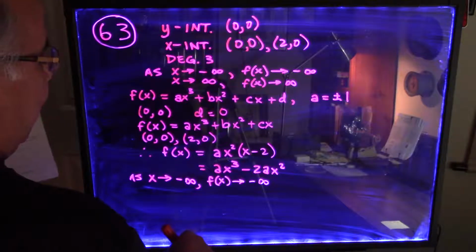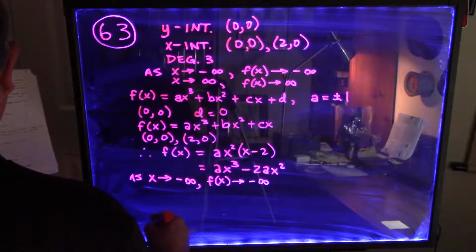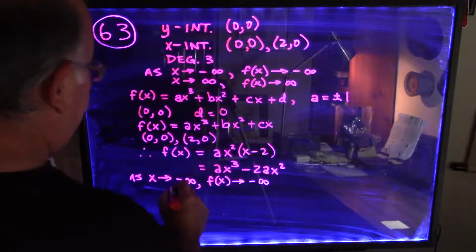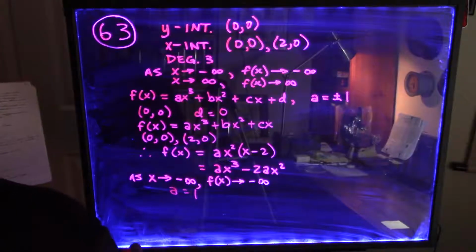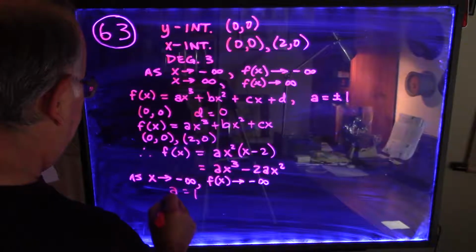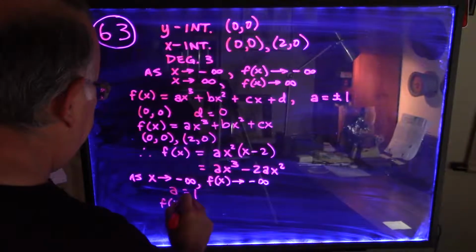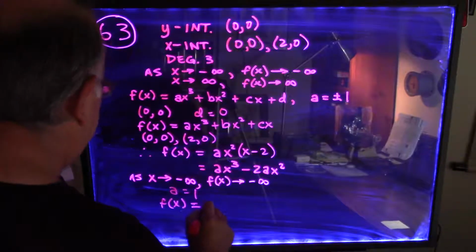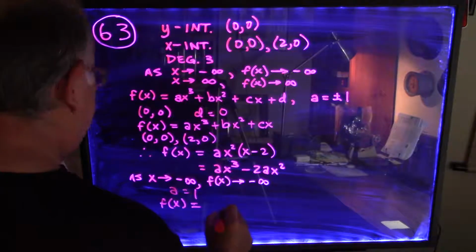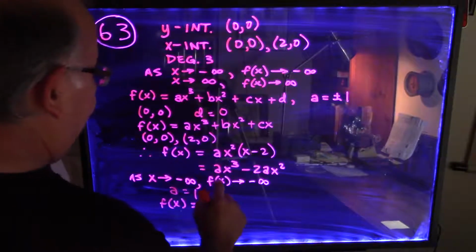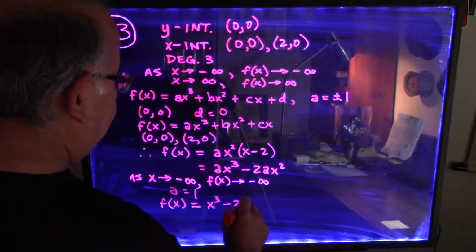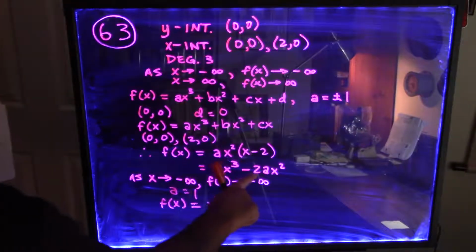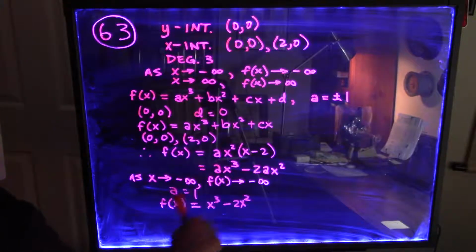So we know that a must be positive 1. Therefore f of x is equal to x cubed minus 2x squared. Just let a equal 1 there and there.